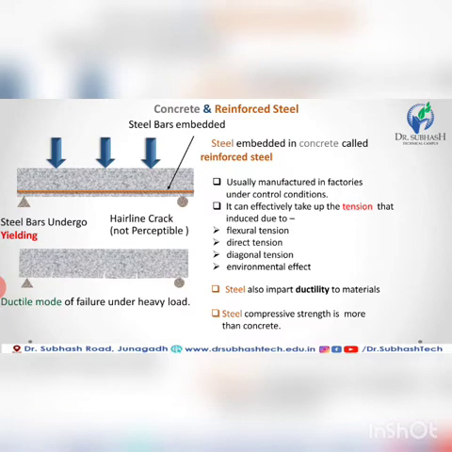Usually manufactured in factory under controlled conditions. It can effectively take up the tension induced due to flexure tension, direct tension, diagonal tension, environment effect. Steel also imparts ductility to the material. Compressive strength is more than concrete.